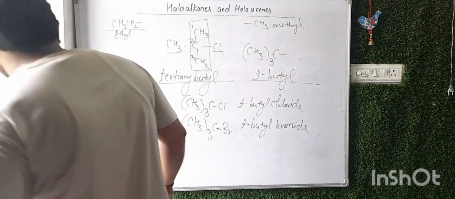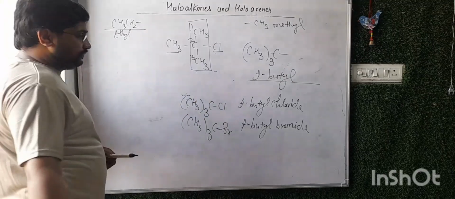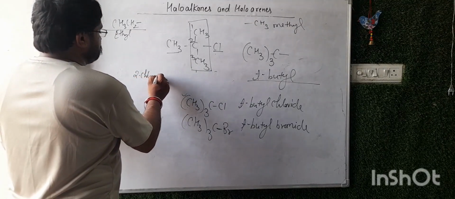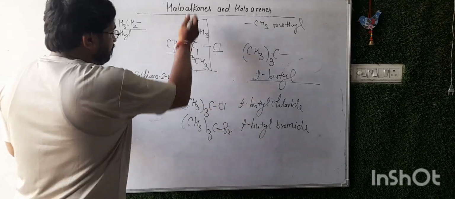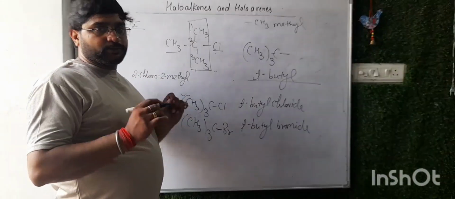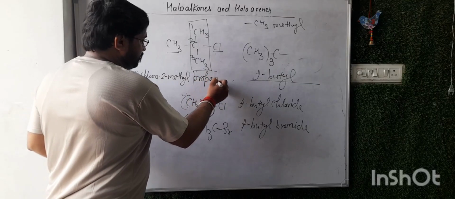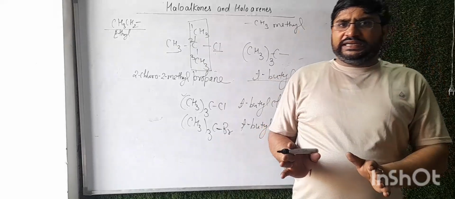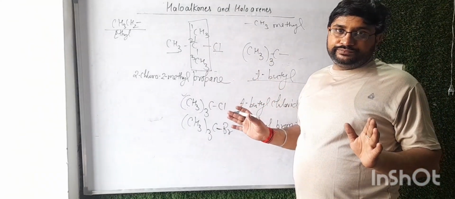Now we write their IUPAC name, that is 2-chloro 2-methyl. Clear? Okay, and after that the 3 carbon root, that is prop, coming from propane. So 2-chloro 2-methyl propane. I hope you will understand this. Clear? How to name the haloalkane in this video.